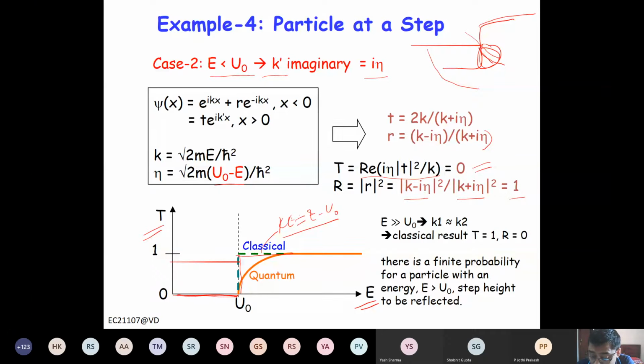But in quantum mechanics, there is a probability that it may go through, or it may not go through, right? So there is a finite probability that the electron may be reflected. For this reason, you have to show the previous one, because this is case 2, where E is less than U naught, and this is case 1.